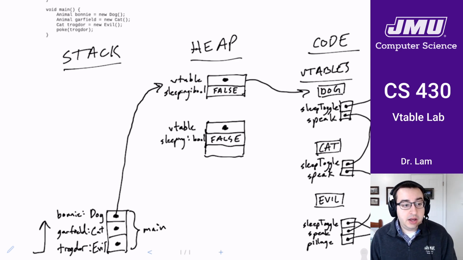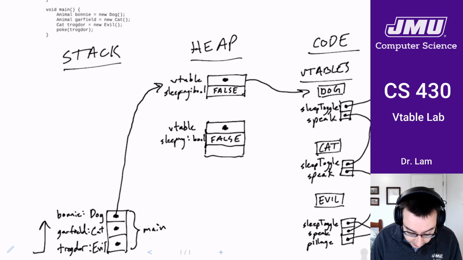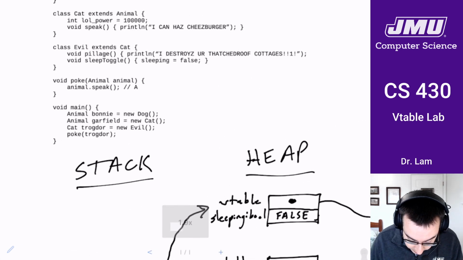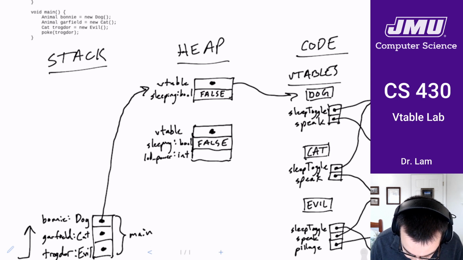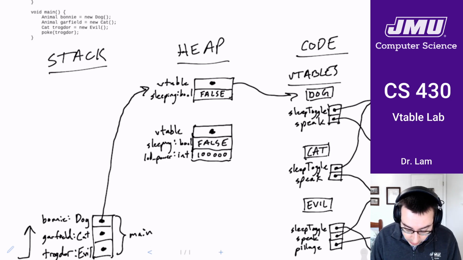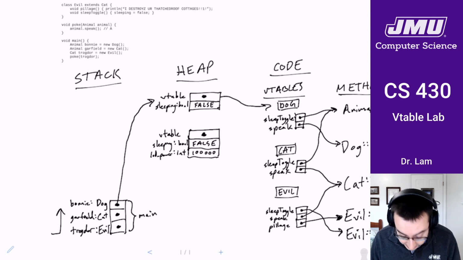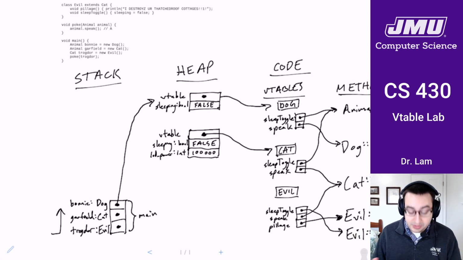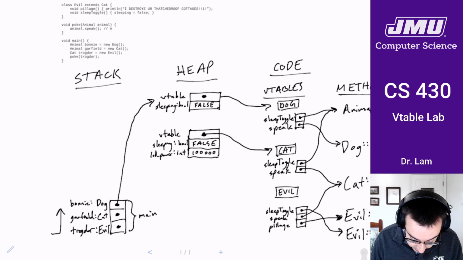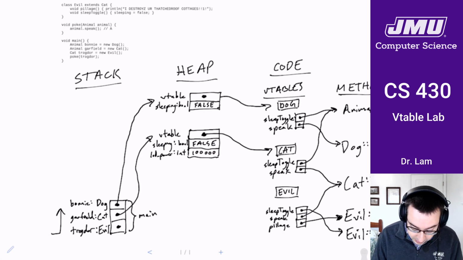And then the lol power, which is initialized to 100,000, and that's an int. All right, and because Garfield is a cat, the virtual method table pointer is going to point to the virtual method table for cat.